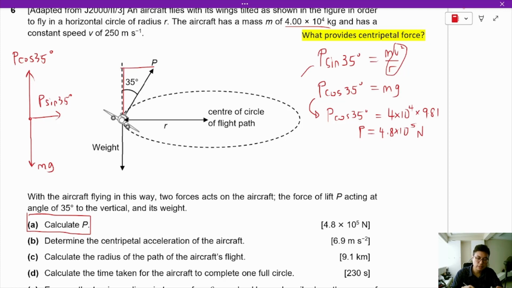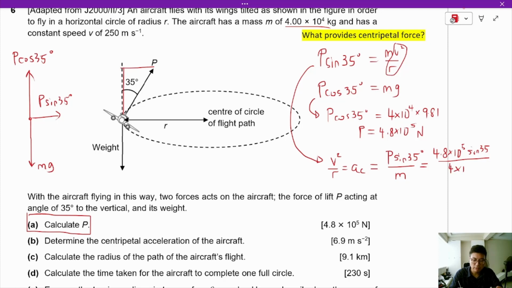So if we use this equation down here, v squared over r is equal to the centripetal acceleration, which will be P sine 35 divided by the mass. So if you fill in the values, that will be 4.8 times 10 to the power of 5 sine 35 divided by the mass of the aircraft, 4 times 10 to the power of 4, and that should give us 6.9 meters per second squared.